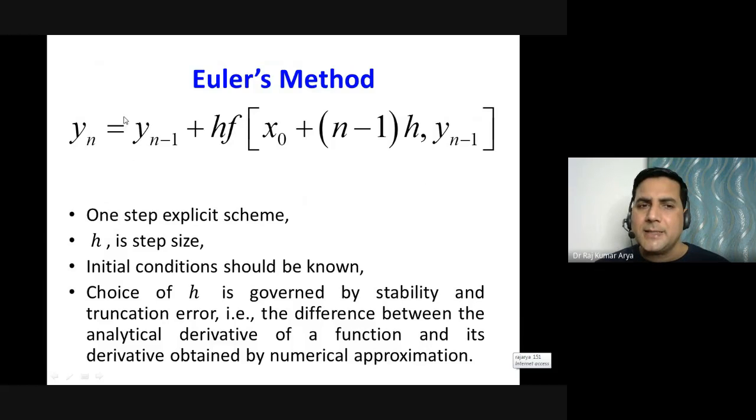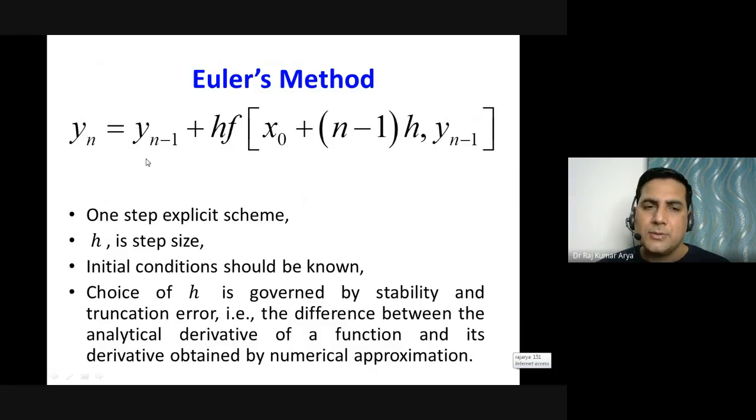If you see here, this side is y n plus 1, the new value of y at another step where you have moved to x naught plus h. You know the value at x naught, and now you are calculating the value at x naught plus h. You know the value of y naught, so substitute it here, multiply by h, multiplied by the function value at the previous values of x and y naught.